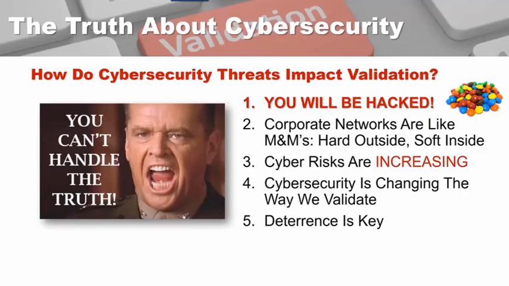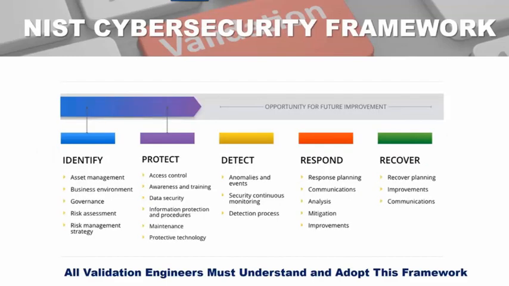So the National Institute of Standards and Technology, NIST, has developed a framework, and this framework is used globally. So it's not just a U.S. framework. This has been adopted by companies globally. And there are 5 key areas: identification, protection, detection, responding, and recovery. Now, most of the companies have tools that allow them to identify and protect.